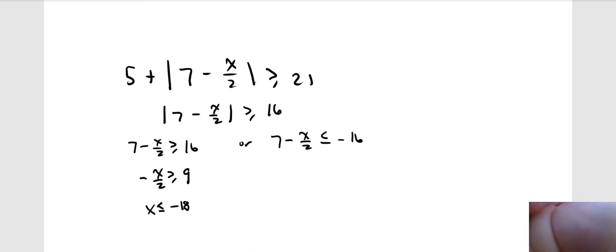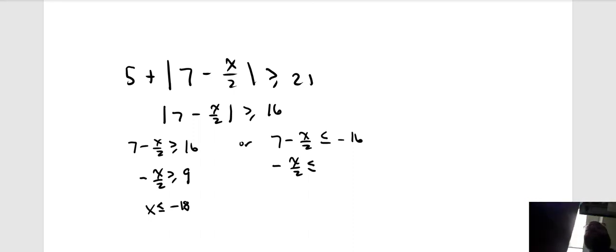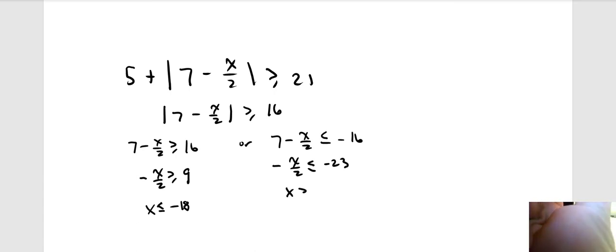Over on the left, minus x over 2 less than or equal to, let's see, -16 minus 7. I think that's -23. Just going to check that. 16, 7. Yeah, that's right. Okay, we're multiplying by -2 again. So now we're going to have x greater than or equal to 46.